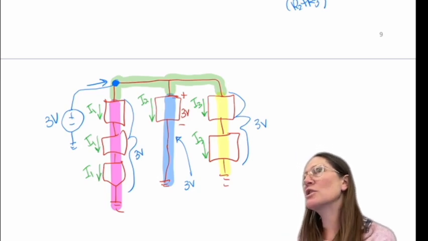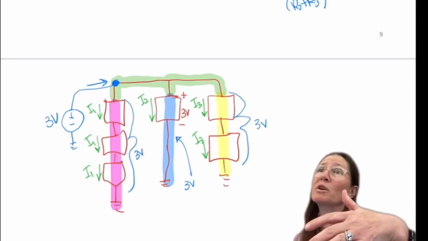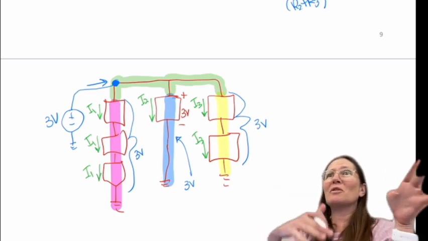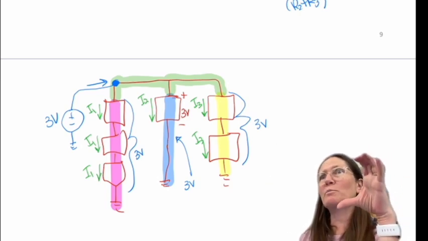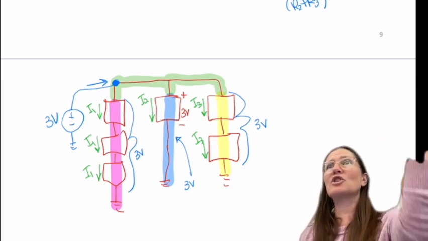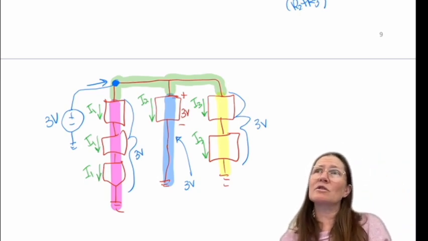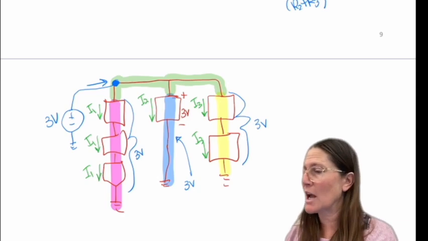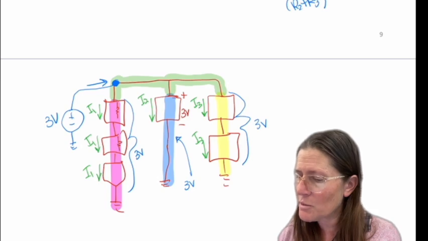The combination of two elements has to equal 3 volts, because it could be 1.5 volts plus 1.5 volts, or it could be 1 volt and 2 volts. It just has to add up to 3 volts across both of them. And across 3, it would be then a division of the 3 volts. If those 3 are resistors, say these are 3 resistors in there.